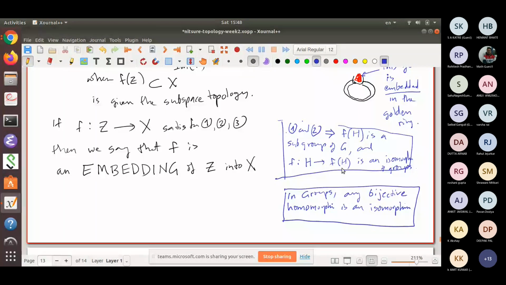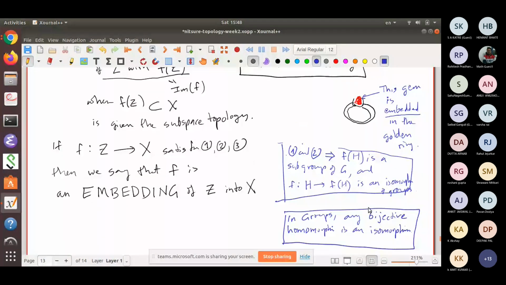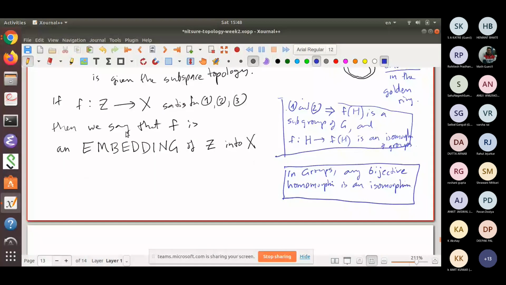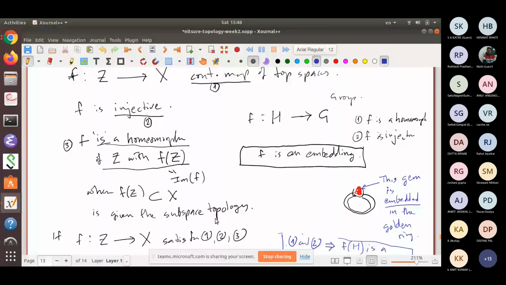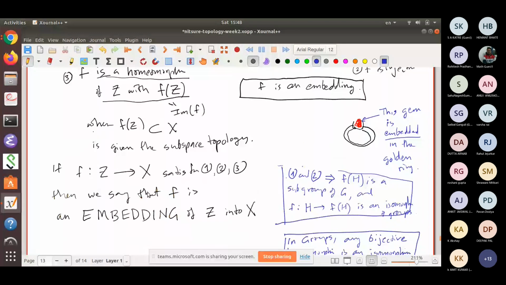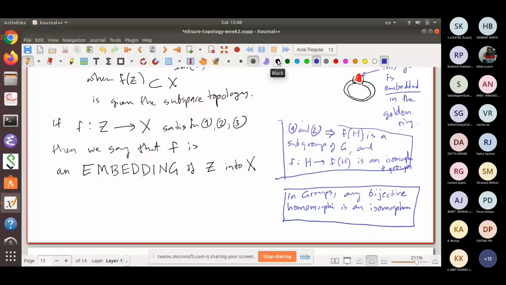It is injective and it's surjective because instead of G, I have simply taken the image of F. Anything is anyway going into its image. So this is a bijective group homomorphism, therefore an isomorphism. This property, now I ask you, if this property was true for topological spaces, I won't need this property number 3. But it's not true, so I have to also assume this. This is an important point. So make sure you understand what I'm saying.